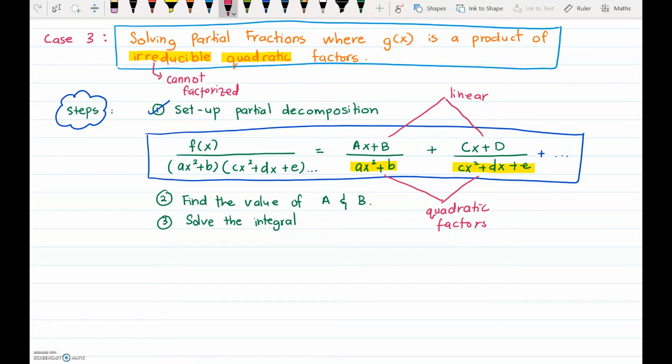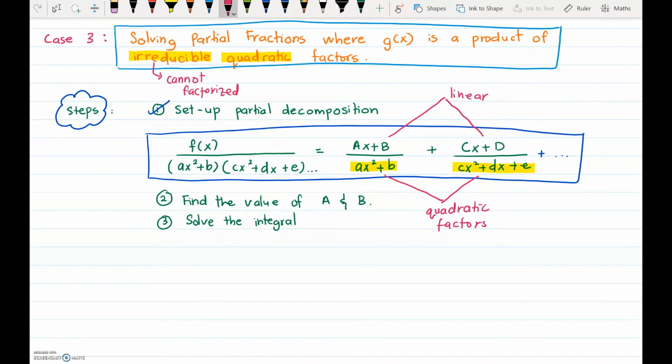Linear means it is in the form ax + b, where the highest power of x is 1. So it is not similar to the previous case. For the previous case, we just used a constant in the numerator, but for the third case, if you have quadratic factors in your denominator, your numerator will be in the form of a linear function.